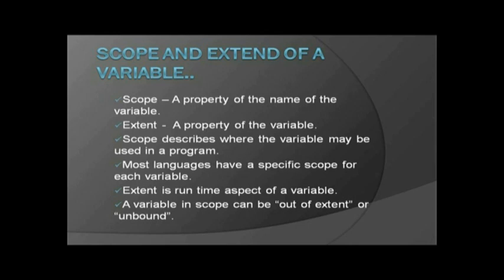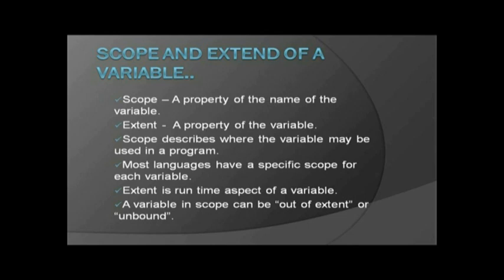In portions of code, a variable in scope may never have been given a value, or its value may have been destroyed. Such variables are described as out of extent or unbound.